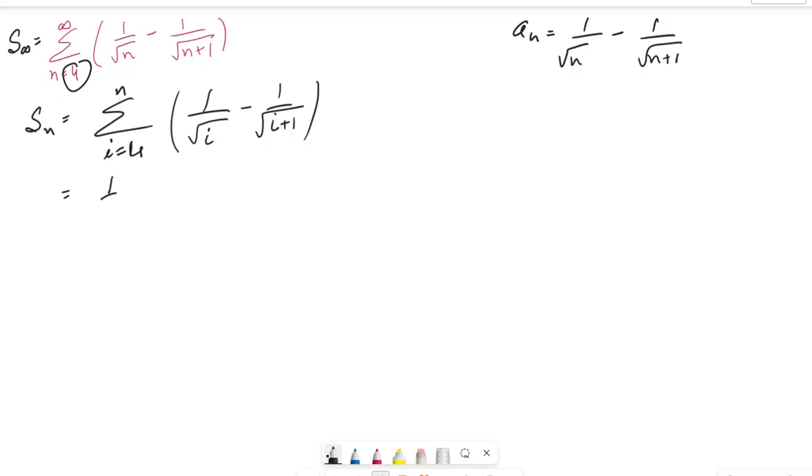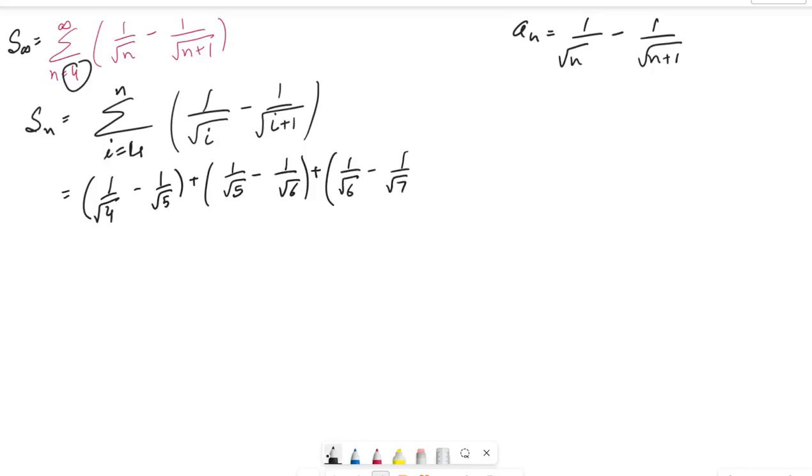When I put 4 in there, this will be 1/root 4 minus 1/root 5. When I put 5 in there, 1/root 5 minus 1/root 6. When I put 6 in there, 1/root 6 minus 1/root 7, and so on.